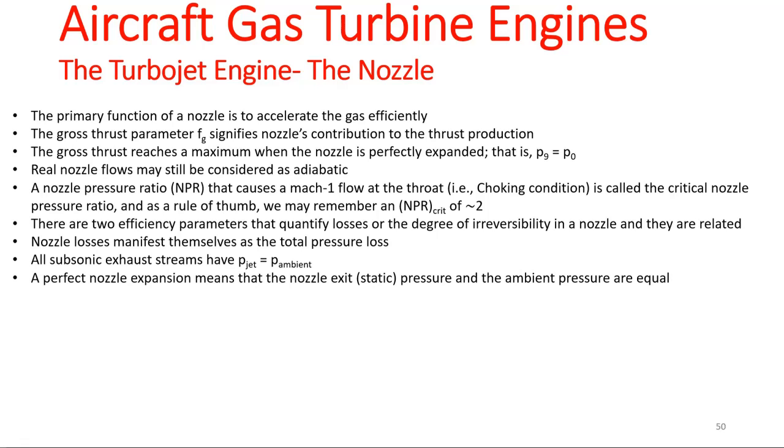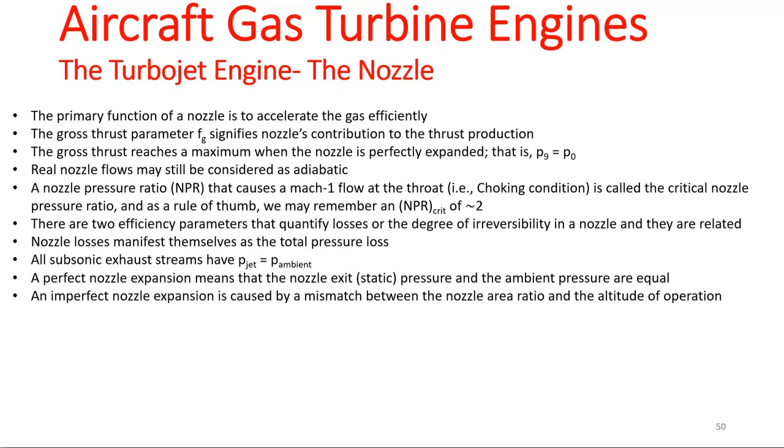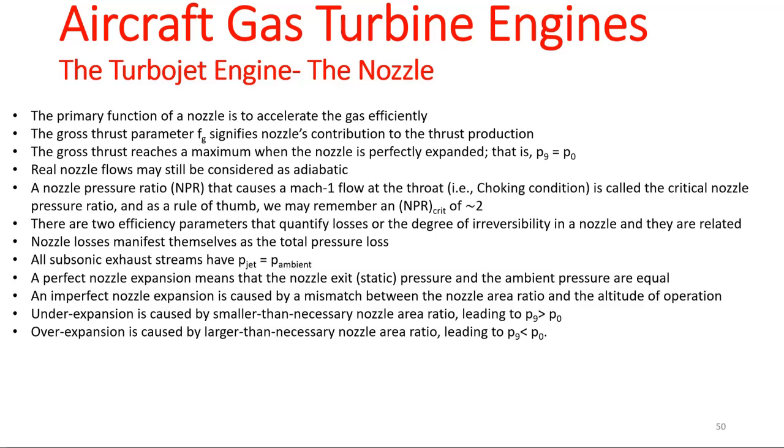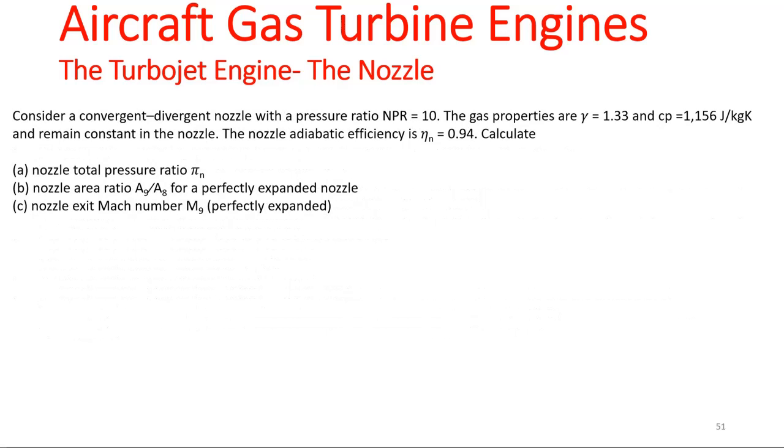A perfect nozzle expansion means that the exit and the ambient pressure are equal. And an imperfect nozzle expansion is caused by a mismatch between the nozzle area ratio and the altitude of operation. We have talked about under expansion and over expansion. So let's solve this example before moving on.